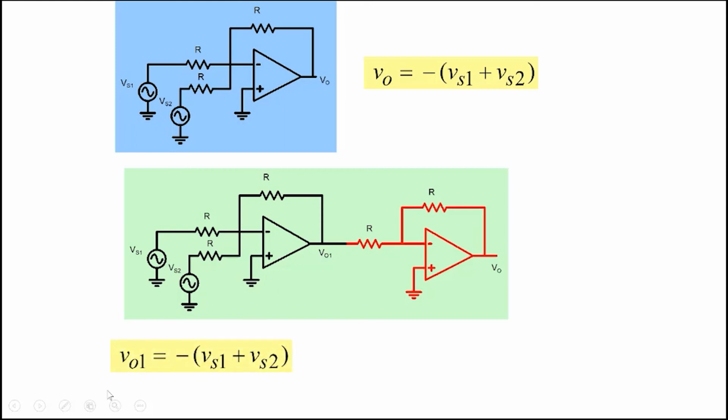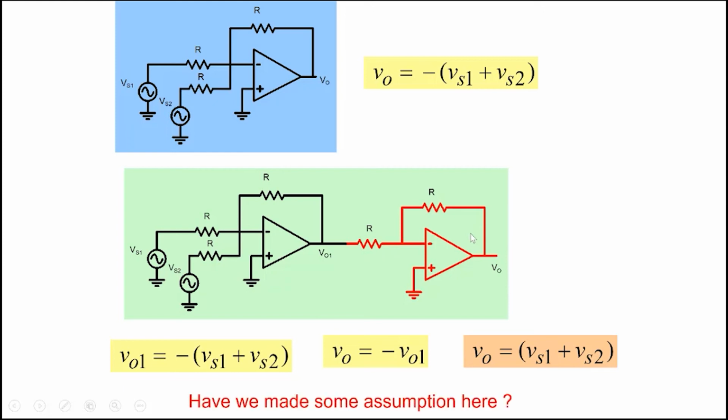So V01 is minus Vs1 plus Vs2, and V0 equal to minus V01, because the ratio is equal to 1. And therefore, V0 equal to Vs1 plus Vs2. So the two stages together will add up the two voltages Vs1 plus Vs2. Okay, so the negative sign we can get rid of by adding another stage like this.